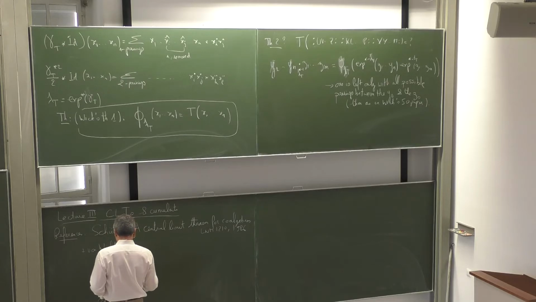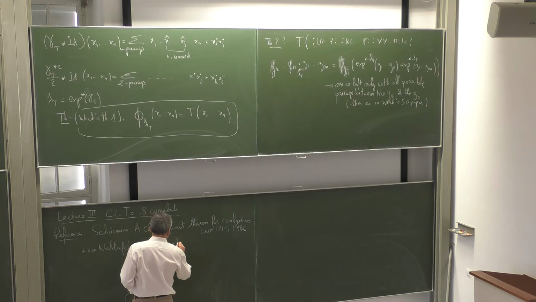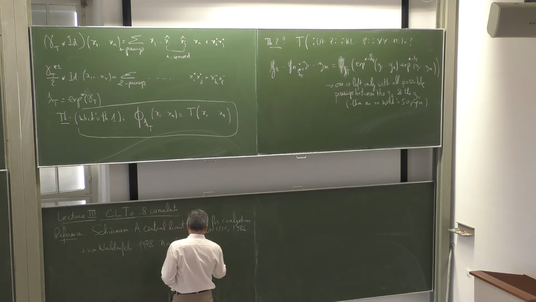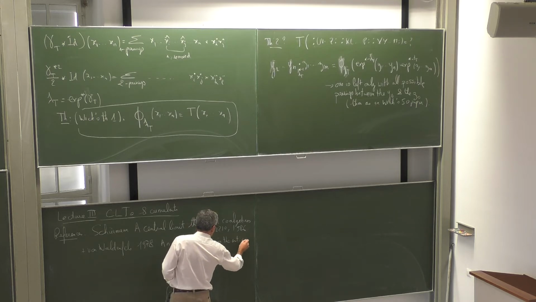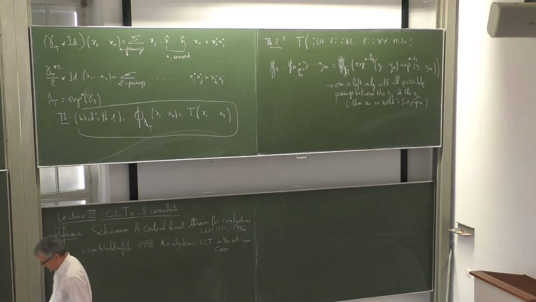There's a paper of 1978 by von Waldenfels, called an algebraic central limit theorem in the anti-commutative case, which was published in Zeitschrift für Wahrscheinlichkeitstheorie und verwandte Gebiete.